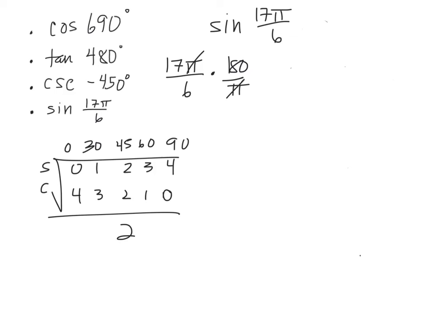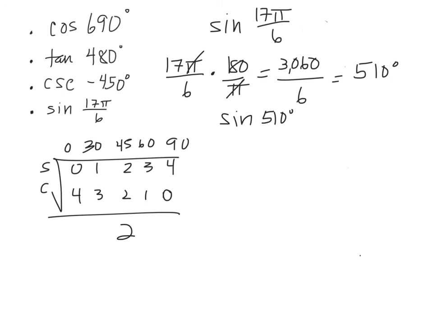These pi's will cancel out. We get 17 times 180 is 3,060, and then we're going to divide that by 6. You get 510. So this is sine of 510.